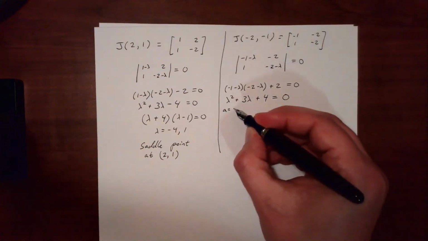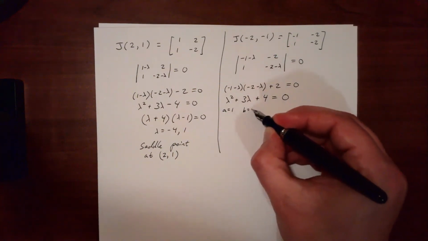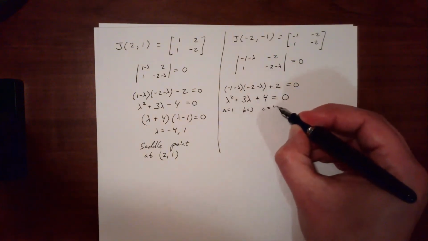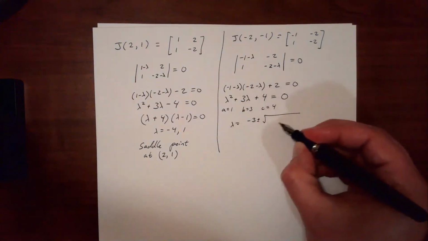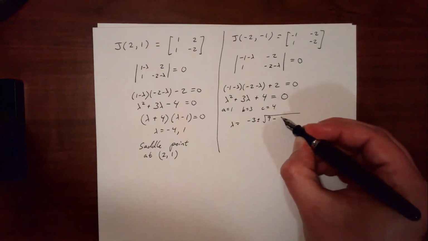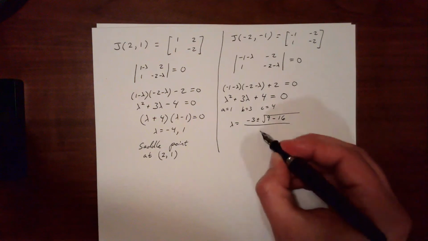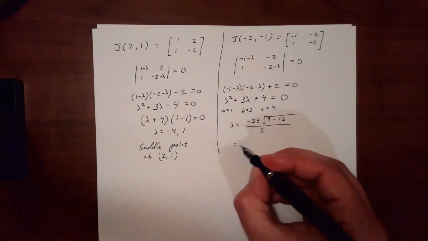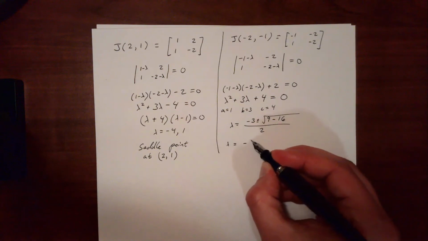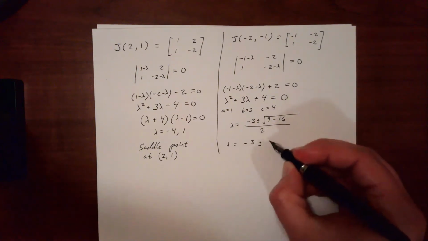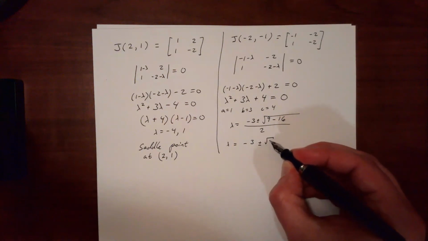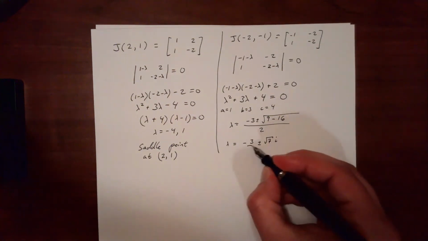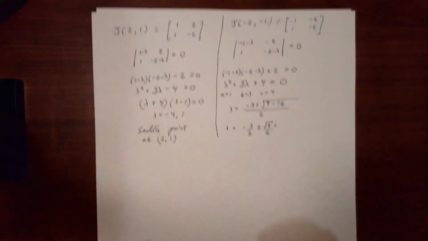So let's just go to the quadratic formula here. A equals 1, B equals 3, C equals 4, meaning lambda equals -3 plus or minus the square root of B squared minus 4AC, divided by 2A. -3 plus or minus, looks like that is square root of -7, so that's going to be √7 i, and I might as well just divide by 2 on both of these pieces.